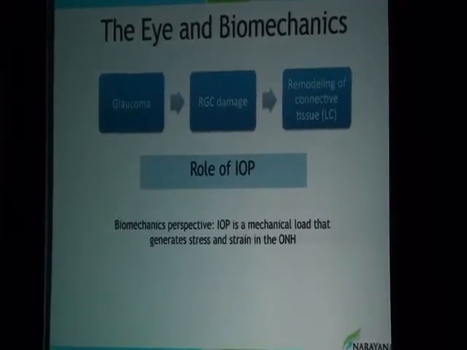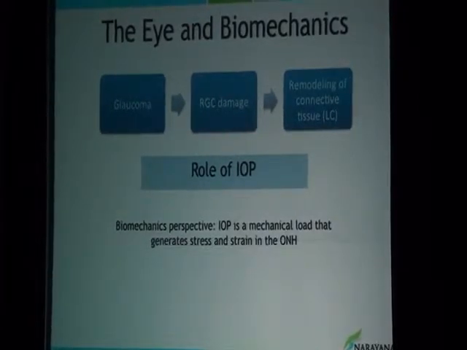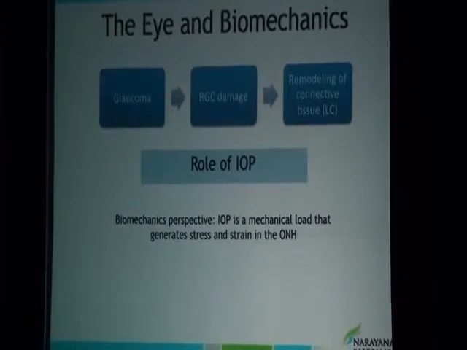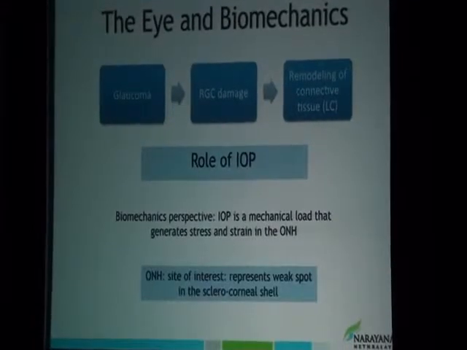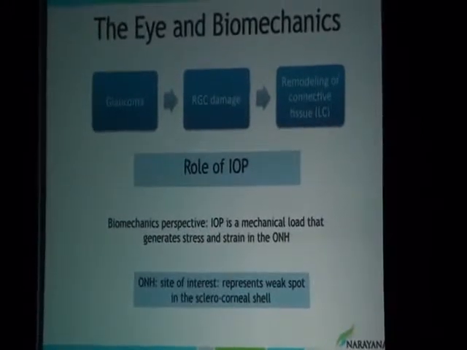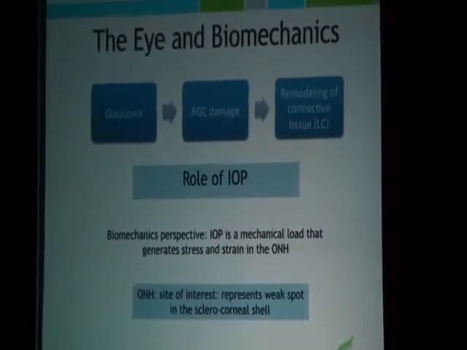And the biomechanical perspective is that the intraocular pressure is a mechanical load on the eye that generates stress and strain, say at the level of the optic nerve head. And the optic nerve head is obviously the site of interest because it represents the weakest spot in the corneoscleral shell, if you may call it that.